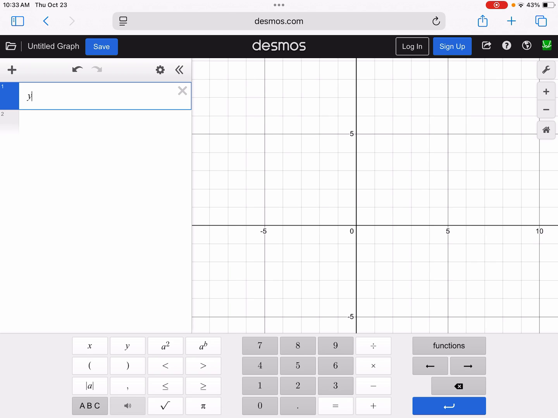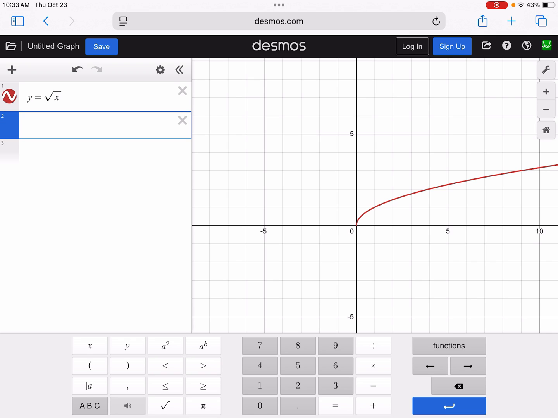Let's say we have y equals square root of x. This is a basic function. Now let's replace x of that function by negative x. So y equals square root of negative x. You see that reflection across the y-axis?